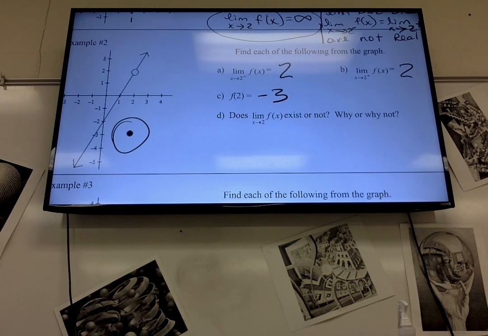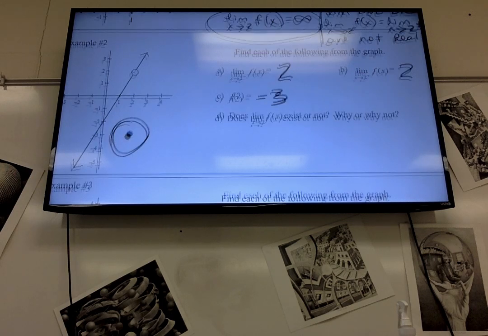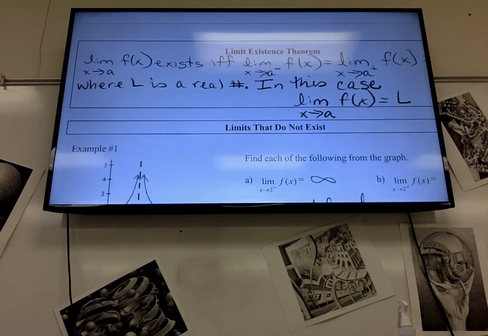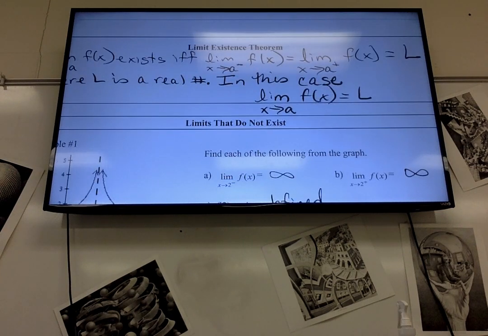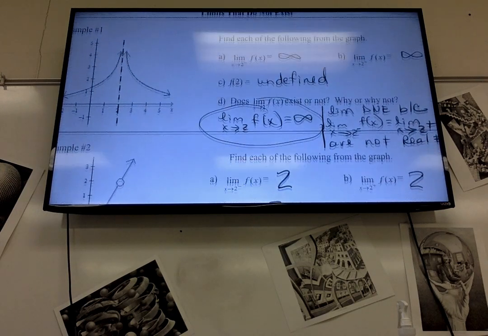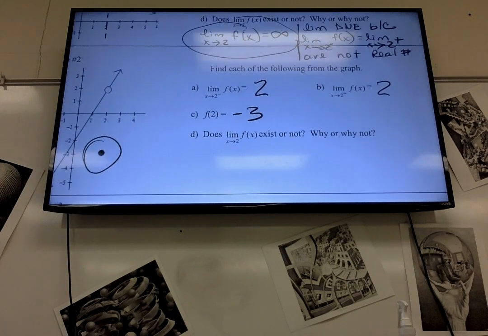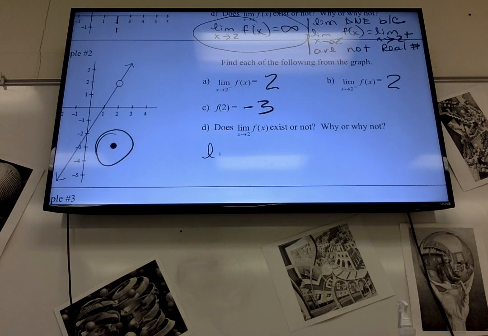So does the limit exist? Let's look at the rules. If the left side and the right side of the limit are equal, and they equal some real number, then it exists. So does it exist? Yes. The limit as x approaches 2 of f of x equals 2.